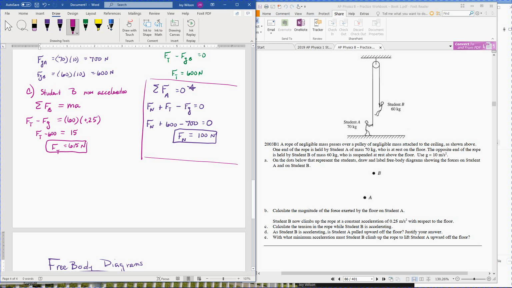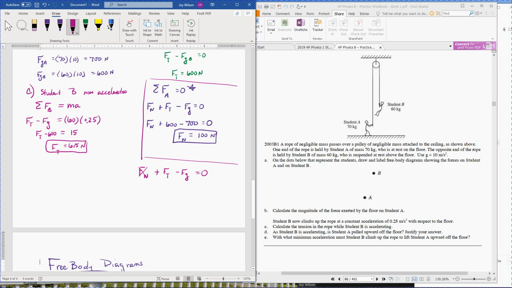So, does student A get pulled off the floor? Well, what would have to happen for student A to get pulled off the floor? Let's write what we had to start with. So, force normal, if we're pulled off the floor, we no longer have this force, because you're not in contact with the floor.